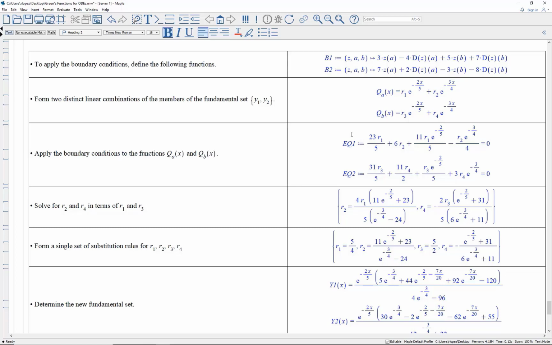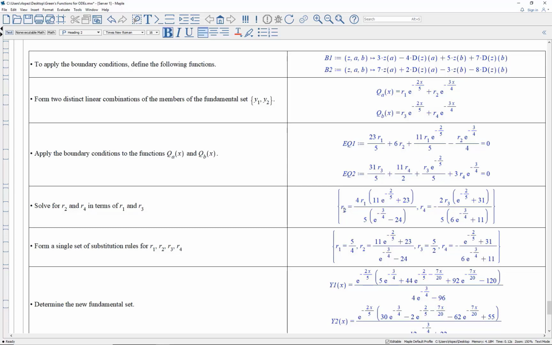You'll notice that the first boundary condition is applied to QA, and it will contain just R1 and R2. See, R1, R2, R1, R2. And the second boundary condition is applied to QB, R3, R4, and R3, R4, R3, R4. So we can solve for two of these constants in terms of the other two.